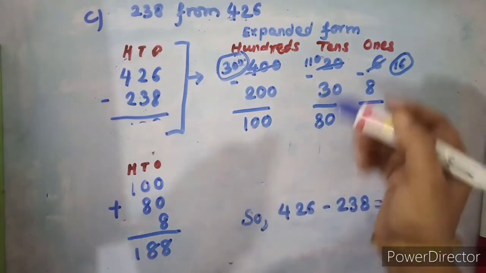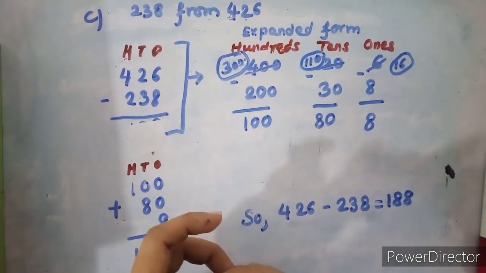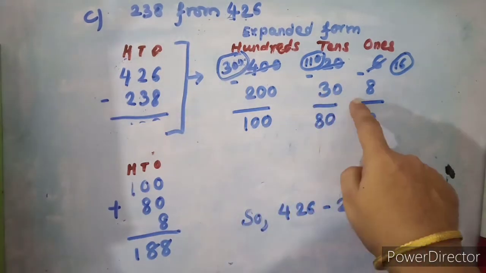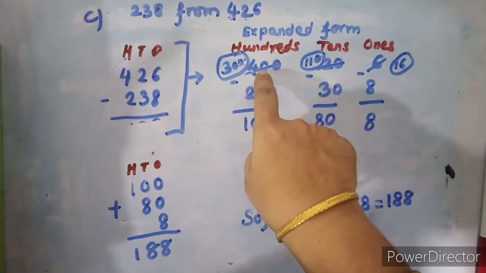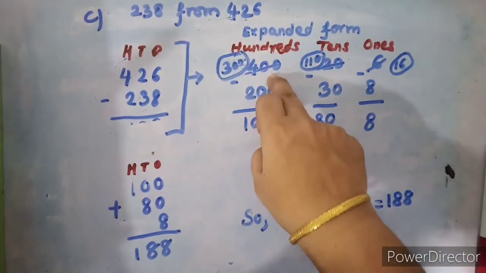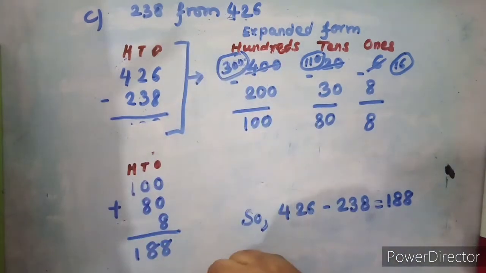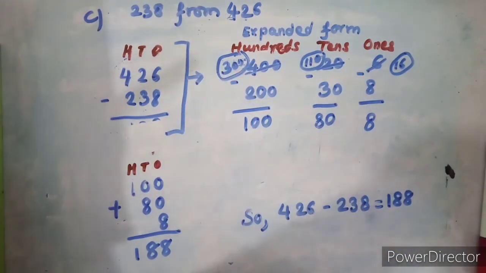Okay, as your borrowing number is 110, 110 minus 30 is 80. Then as you have borrowed 100 from the hundreds place, the 400 will become 300, and 300 minus 200 will give you 100.